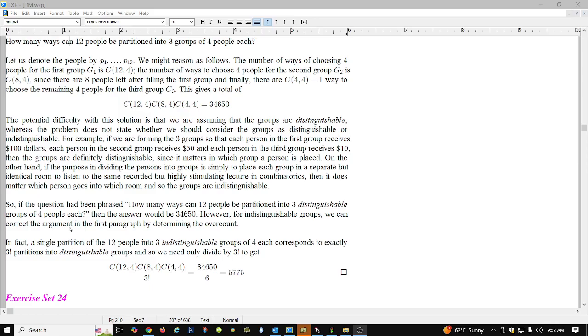So if you can get a hold of this issue and convince yourself that the ways of partitioning the people into distinguishable groups correspond, in a sense, to permutations, whereas the ways of partitioning the people into indistinguishable groups correspond to combinations, it will help you when we get to more sophisticated questions.